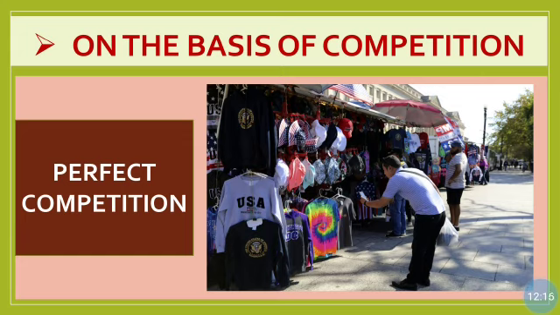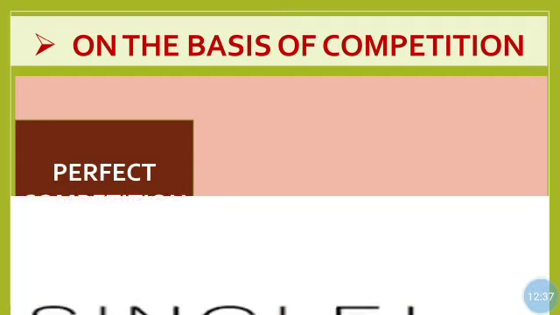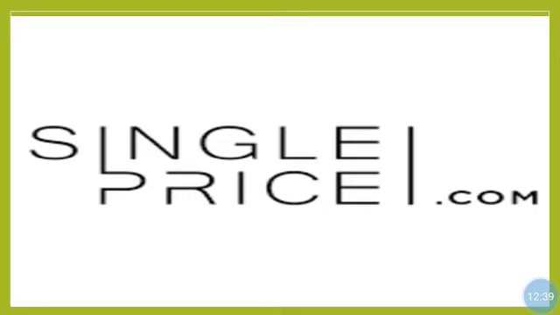Here both the parties, that is buyer and seller, have perfect knowledge of market. That's why seller would not increase price because he has perfect knowledge of market. He knows that no buyer will buy goods at high price in such market. That's why one single price prevails in the market.